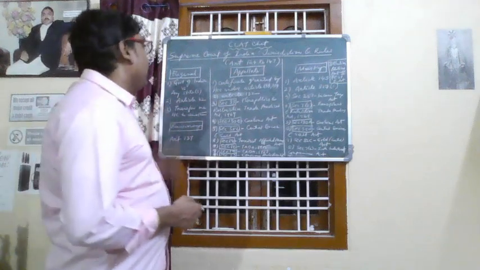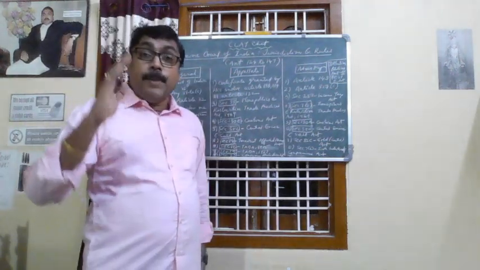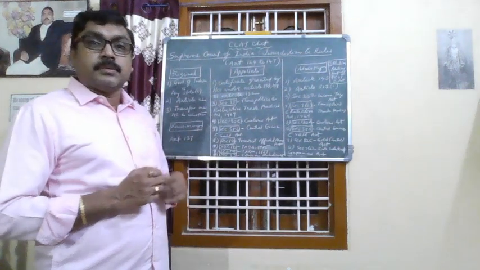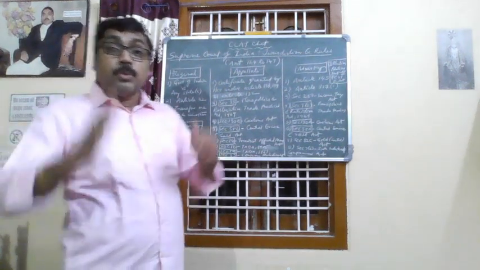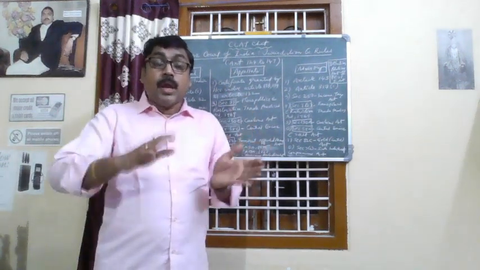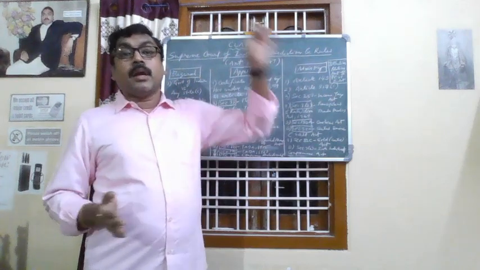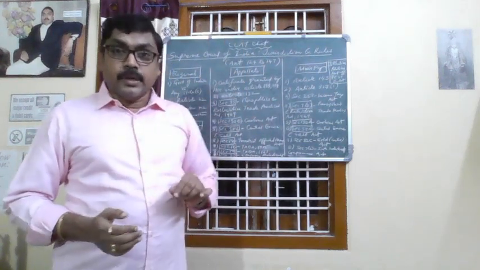These are the matters that come under the appellate jurisdiction of the Supreme Court. The Supreme Court has power to hear all these matters under its appellate jurisdiction.